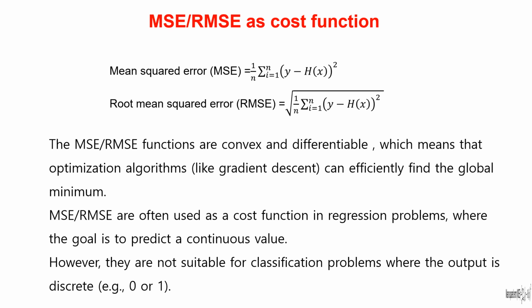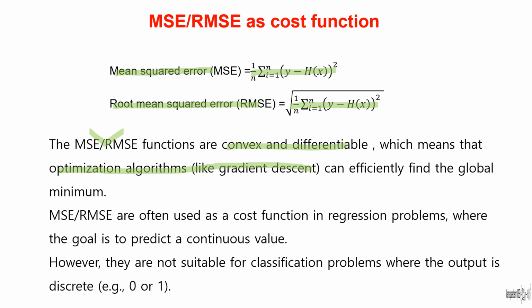As mentioned in the previous video on gradient descent, the mean squared error is calculated by squaring the difference between the actual and predicted values and then taking the average. The root mean squared error is also obtained by taking the square root of the MSE. Both the MSE and RMSE functions are convex and differentiable, allowing optimization algorithms like gradient descent to efficiently find the minimum value.